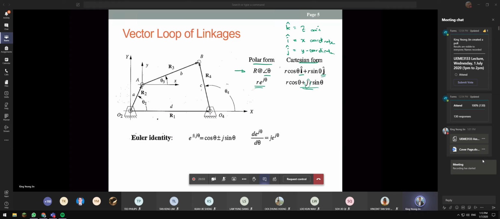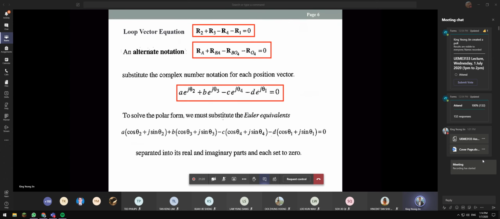So here we call it the Euler identity, which is e to the j theta equals cos theta plus j sine theta. So that's why this is exchangeable between these two. You can exchange your polar form to Cartesian and the other way around.